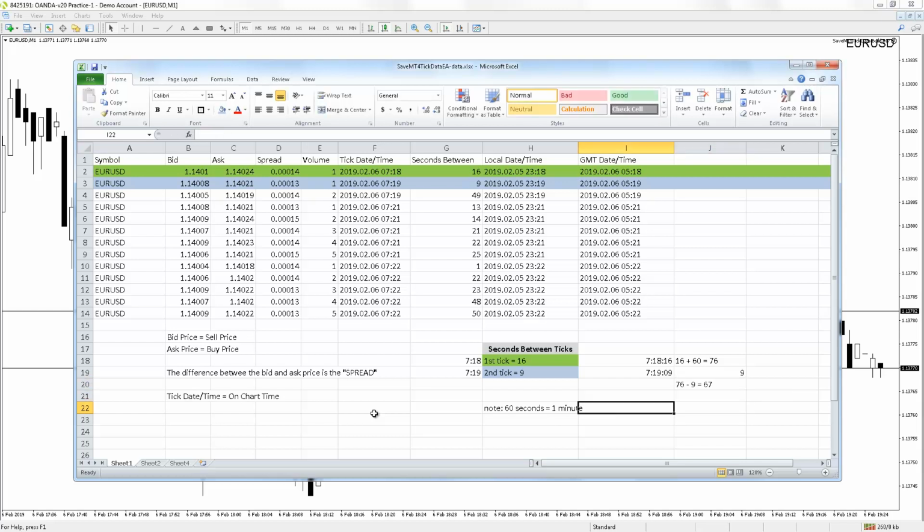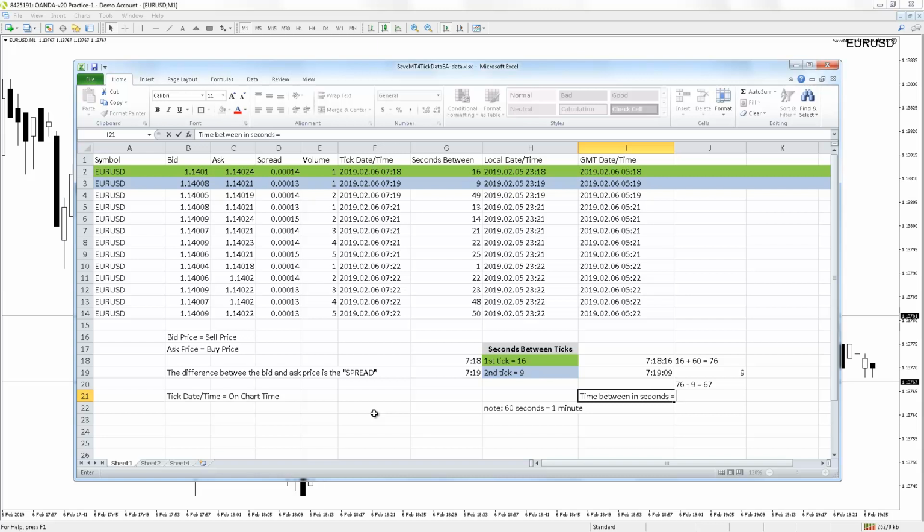So the time between ticks in seconds equals 67 seconds.